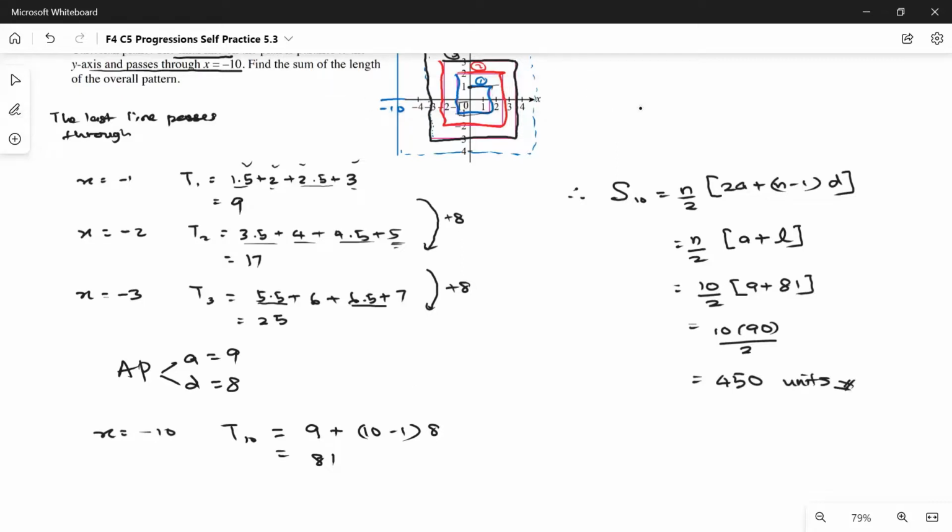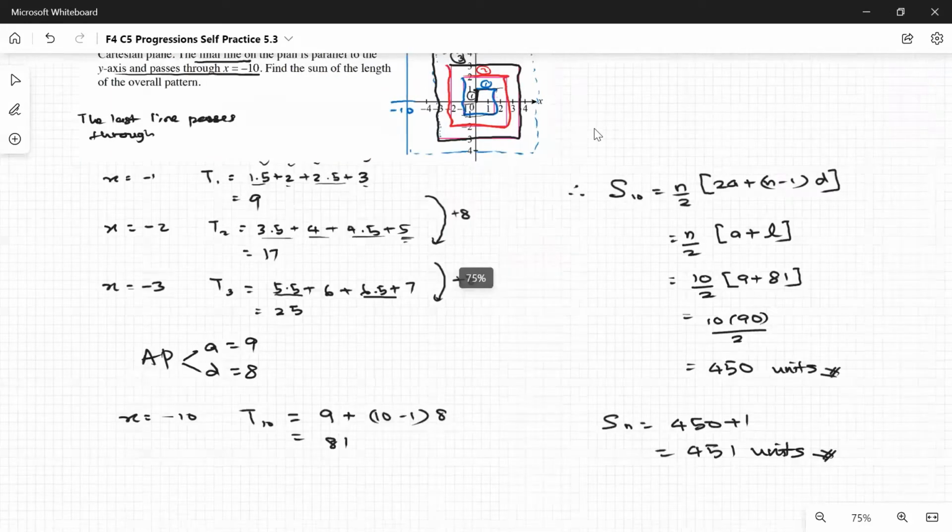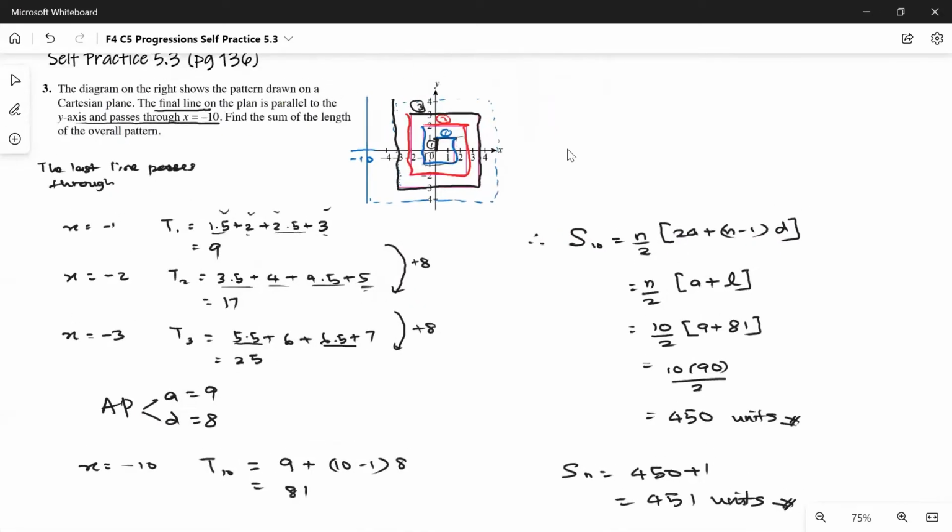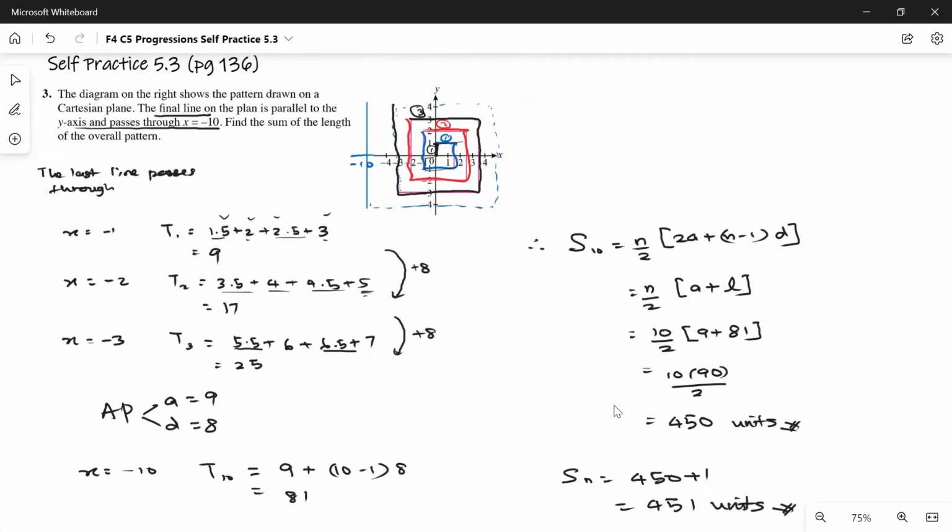Actually, there's nothing wrong with this question. But if the question is corrected to involve this, we just add another 1 unit there. So Sn equals 450 plus 1, so you have 451 units. All right, that's it for this question. Remember, there's nothing wrong with this question. The final answer given in the answer scheme is 451, which means we include the vertical line.